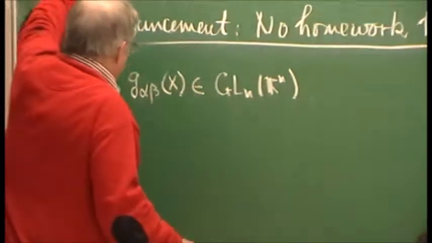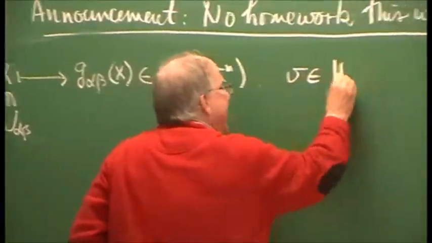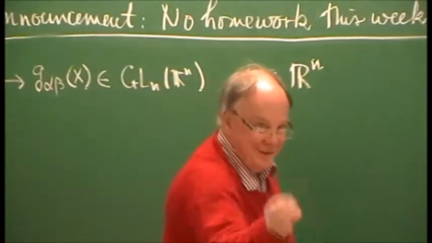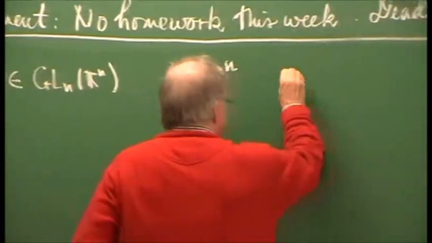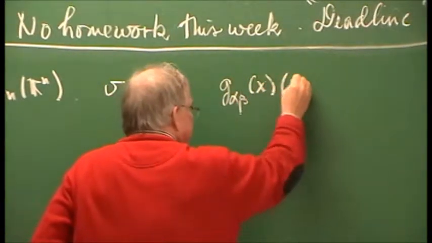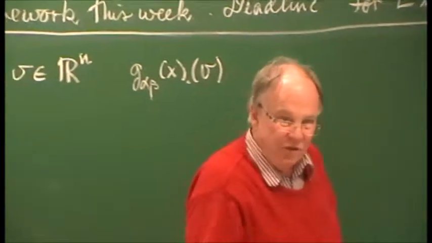And it was my bad choice of notation. And now for a vector in Rn, which we think of as a column vector, it's exactly your point. We have G alpha beta of x applied to this vector by matrix multiplication, if you want.